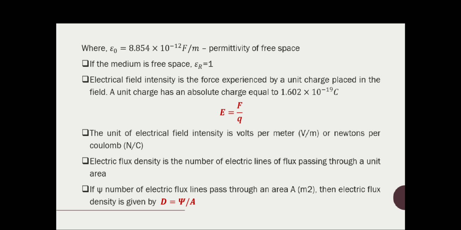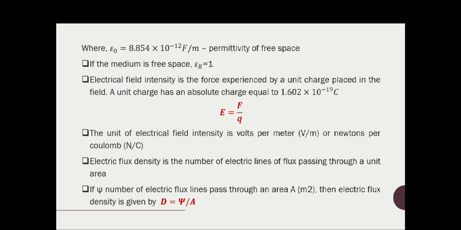Therefore E, electric field intensity, is written as F by Q, where Q is the total charge. So the unit thus becomes Newton per Coulomb or volts per meter.